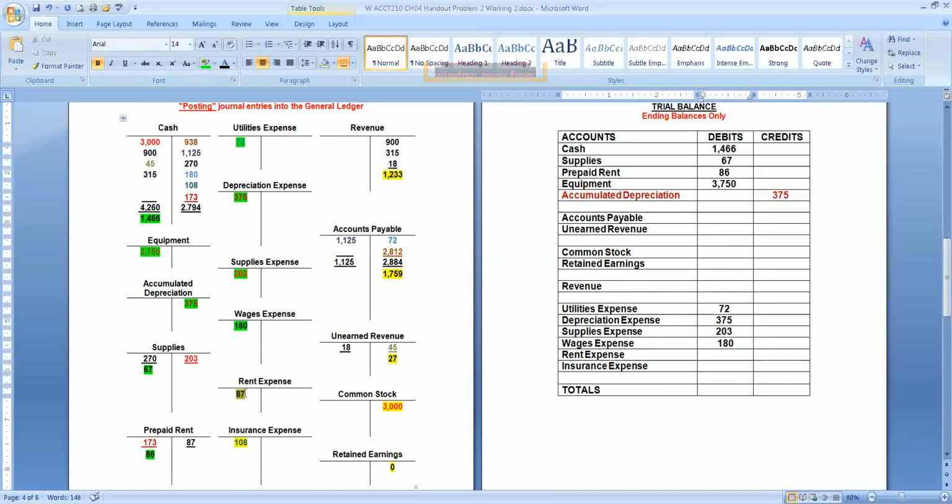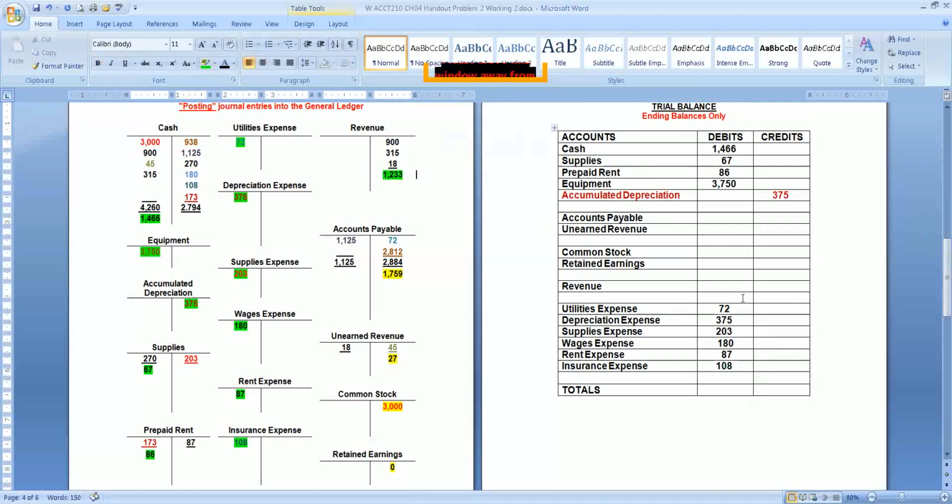Rent expense. Insurance expense. Revenues, 1,233.